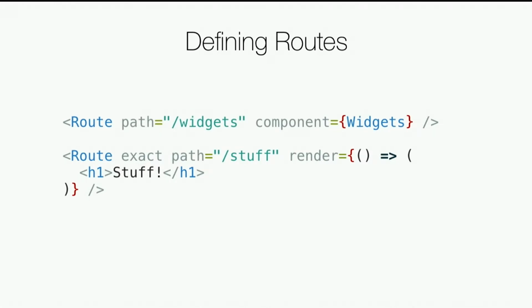So if you just need to render a small amount of stuff, you don't have an actual separate component for that, you can still do it. You can just basically use the curly braces to say, hey, I'm going to do some JavaScript here, and just give it an anonymous function that returns some JSX. And so rather than rendering an entire component, it's just going to render, in this case, the H1 that says stuff in it. Make sense?